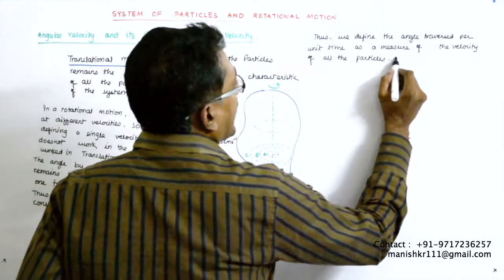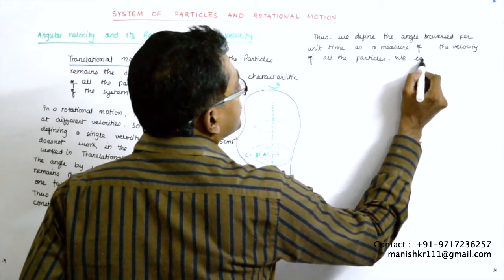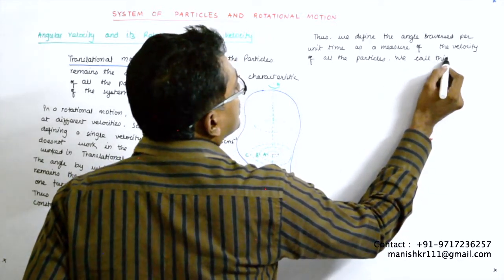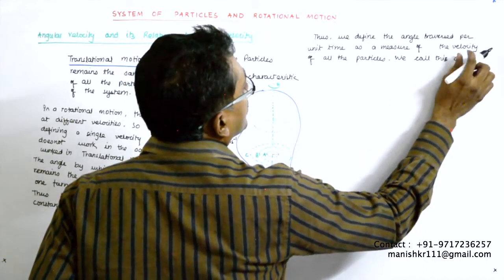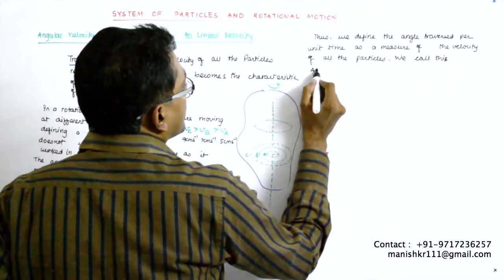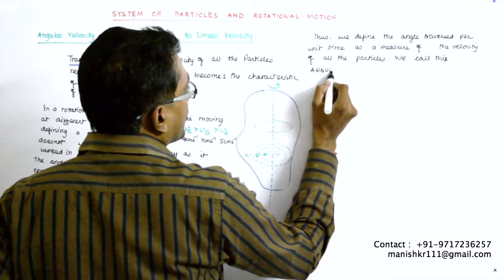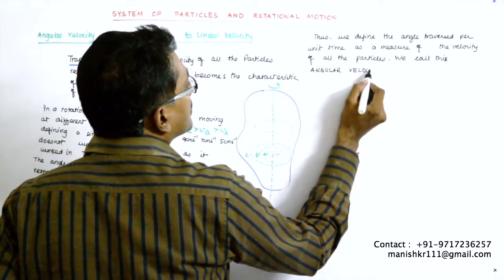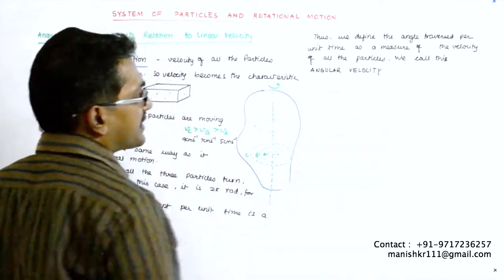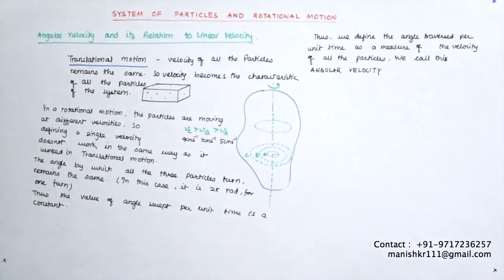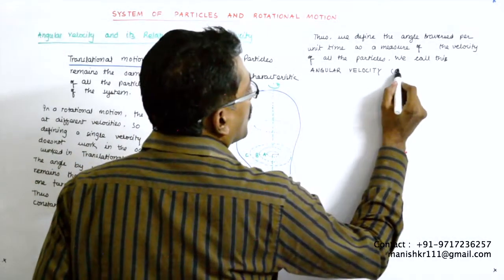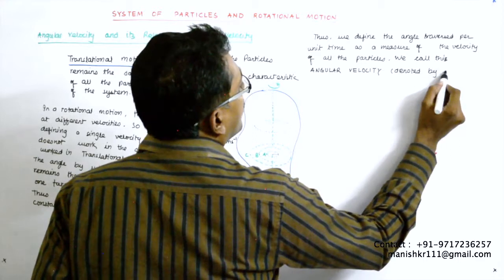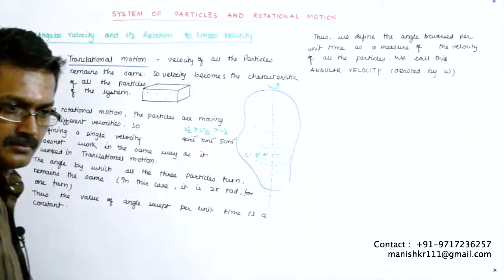We call this angular velocity. Let's write its name in capitals. ANGULAR VELOCITY. You are encountering it for the first time. Fine. And it is denoted by small omega. Yes? Doubts?